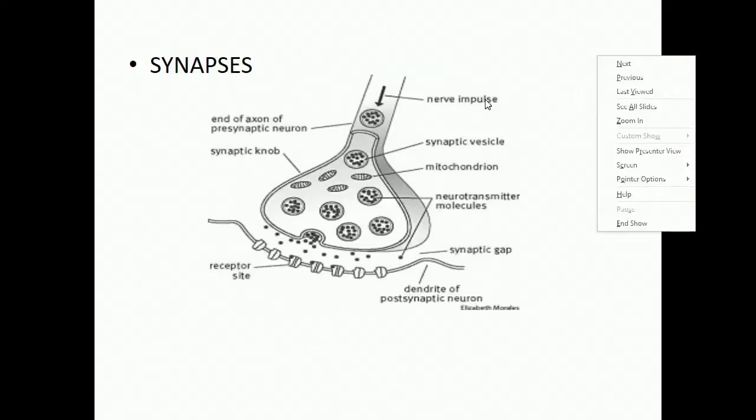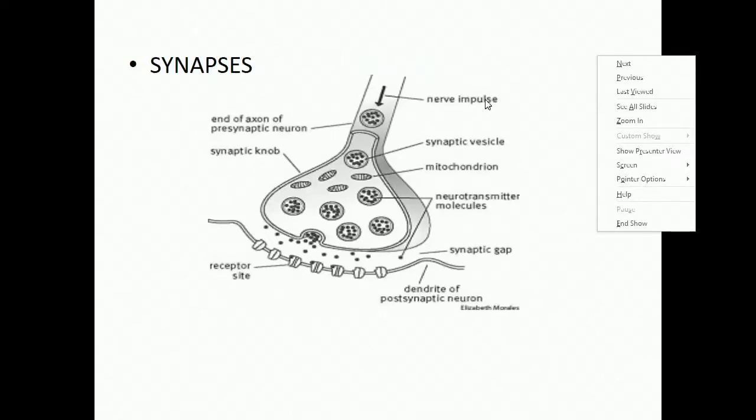Once the nerve impulse reaches the end of the presynaptic neuron, the vesicle bursts. Once it bursts, it releases the neurotransmitter, meaning that the neurotransmitter diffuses across the synaptic gap. And these neurotransmitters carry the nerve impulses from the presynaptic neuron to the postsynaptic neuron.